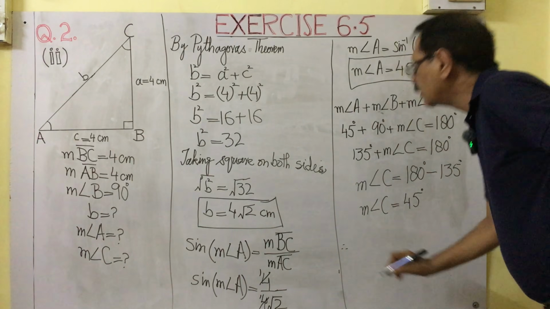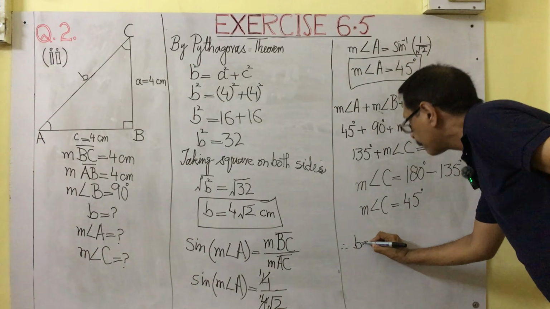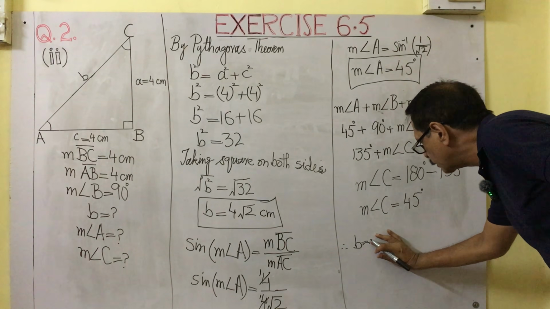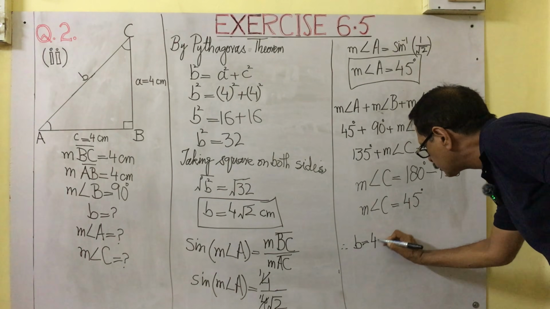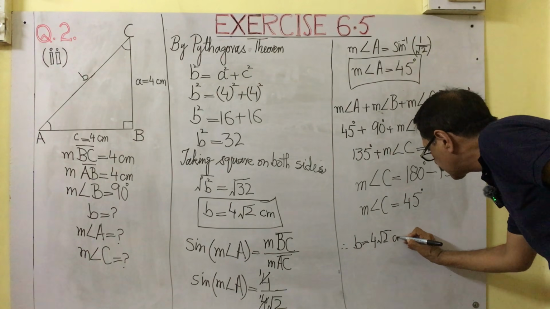Therefore, B is equal to 4 into square root of 2 centimeters.